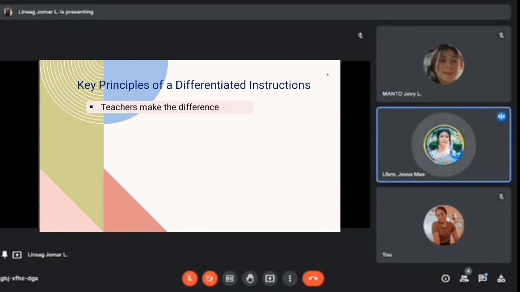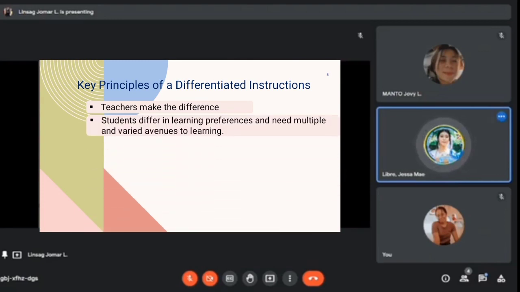First, teachers make a difference, because in a multi-grade classroom there are different kinds of pupils, and a teacher can make a difference by using his or her unique skills and talents to help students learn effectively by providing different learning opportunities for students.